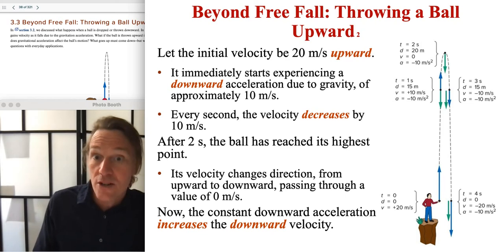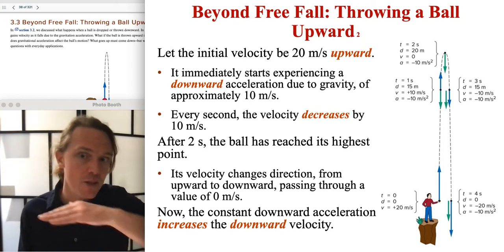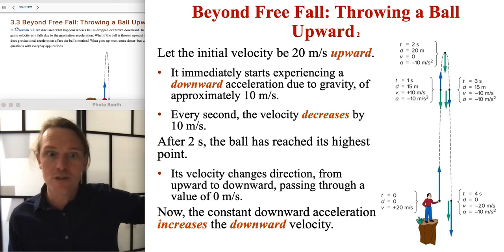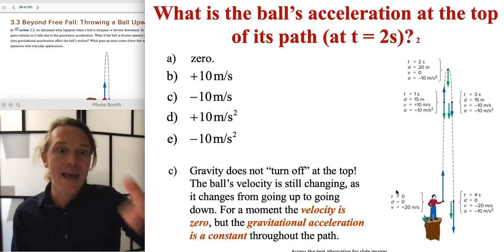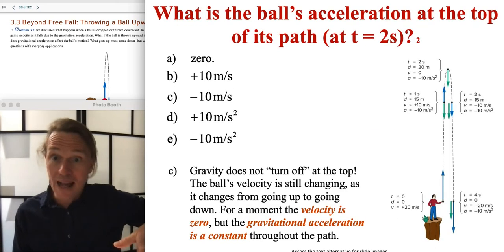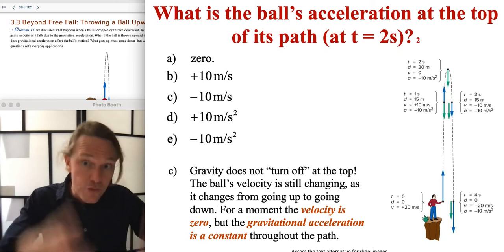And what's fun to imagine with these is we put our person on the edge of a cliff, so then we could actually continue the motion of the ball, and it would become a ball that is effectively thrown downwards. Because we would start at 0, we would define d equals 0 because the ball is passing back through it. But since it definitely does not have a 0 velocity at that moment when it's passing through d equals 0, or what I would call y equals 0, that means it's effectively thrown downwards.